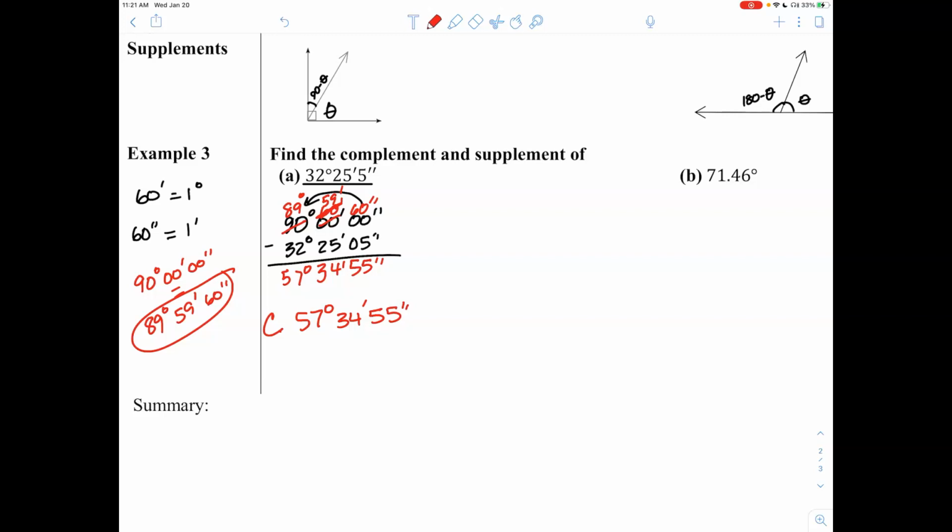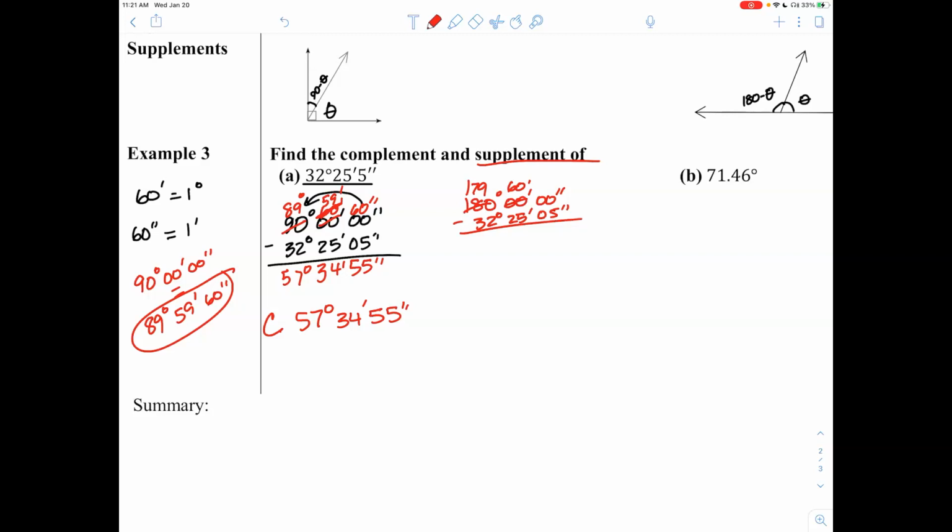Okay, and then you're also asked to find the supplement. Supplement means they add up to 180, so to find the supplement we have to subtract the angle from 180. So 180 degrees, 0 minutes, 0 seconds, minus 32 degrees, 25 minutes, 5 seconds. Okay, we have to borrow again. So we borrow 1 degree, so that's 179, which gives us 60 minutes.